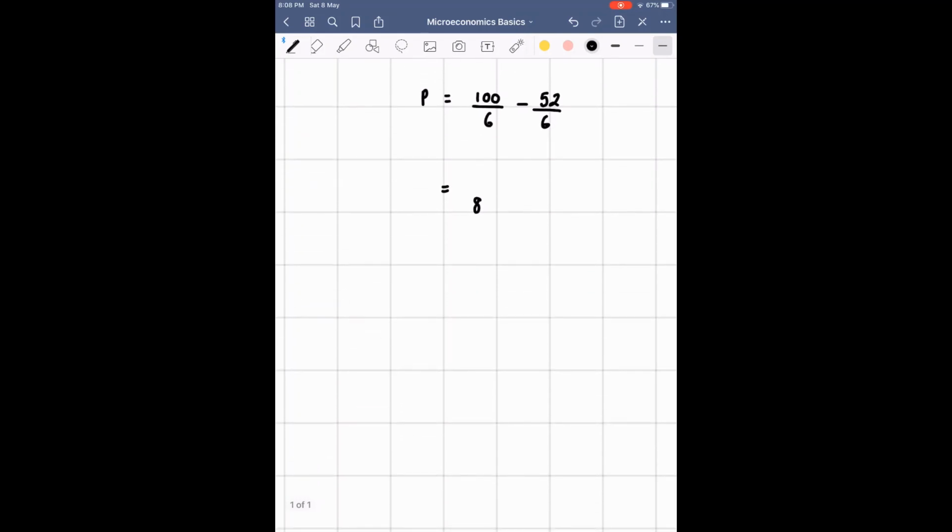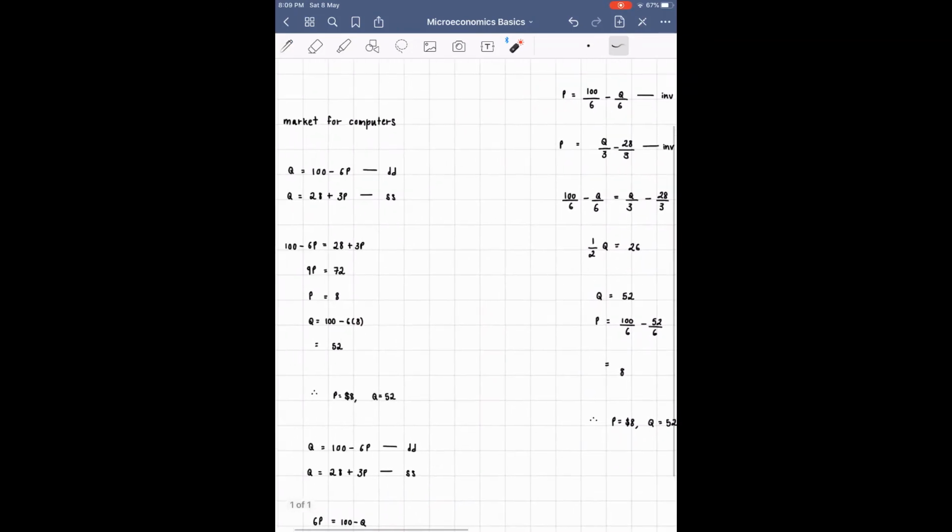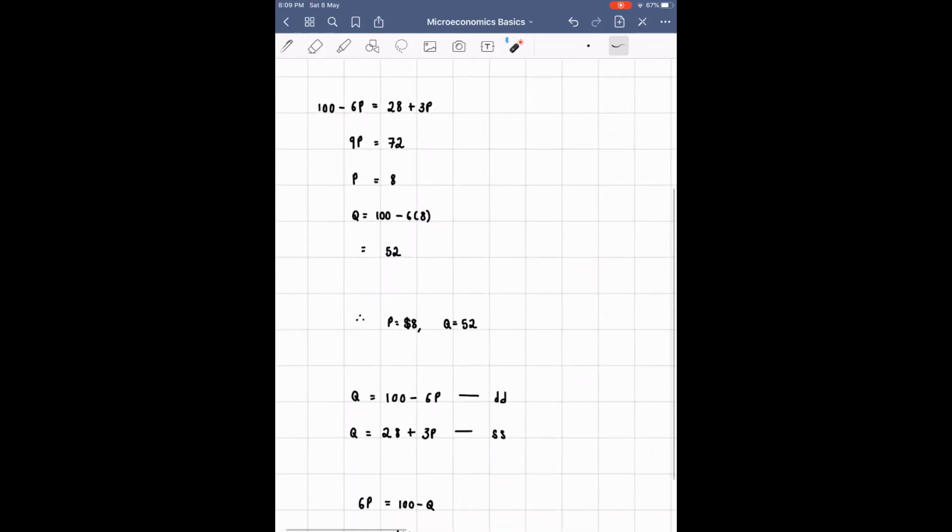Therefore, I have obtained that P is equal to $8 and Q is equal to 52. And this is the exact same answer as this over here.